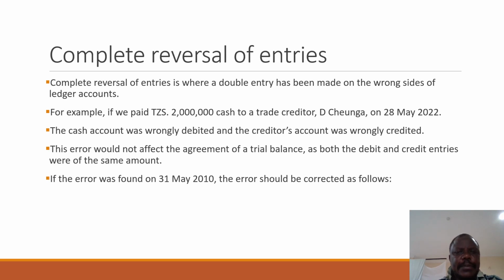We have a complete reversal of entry. Complete reversal of entry occurs when we use the wrong side of the ledger. For example, if we paid 2,000 cash to a trade creditor, Cheuga, the cash account was wrongly debited, and the creditor's account was wrongly credited. This entry would not affect the agreement of the trial balance as both the debit and the credit entries were of the same amount. If this occurs, the error should be corrected as follows.